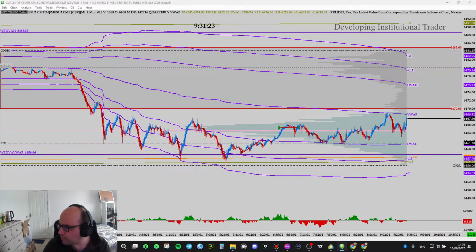Just gonna be looking at the footprint, see if we have any acceptance. Some rejections. There was some attempt, but there were some rejections at the CVA high there and VWAP.